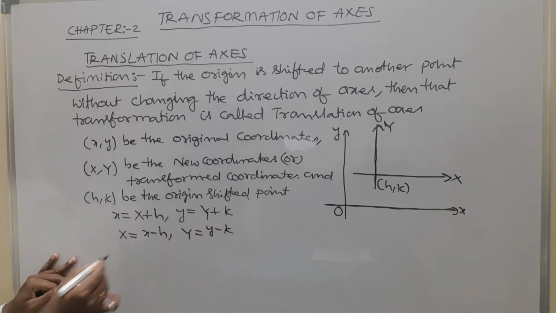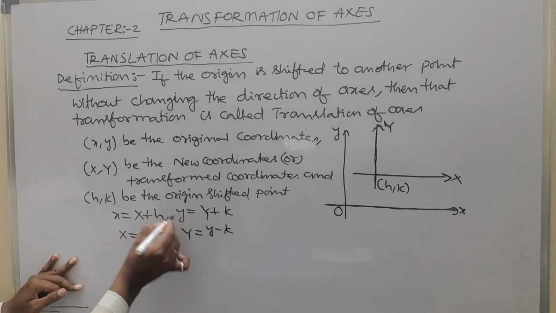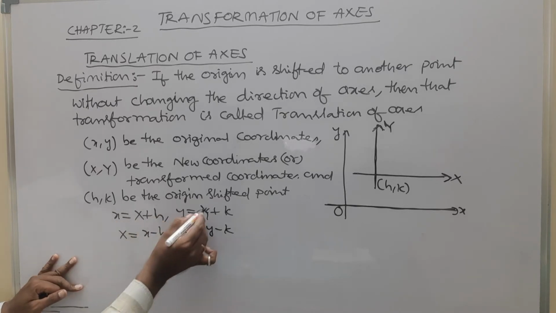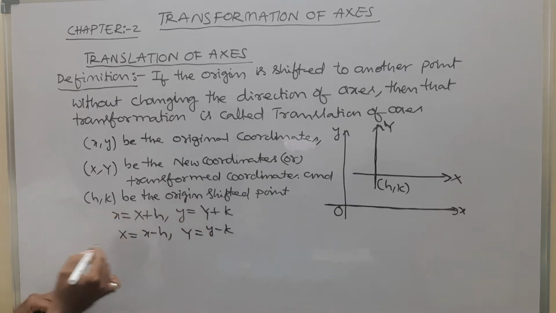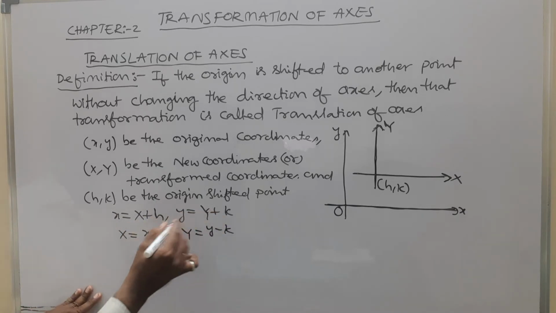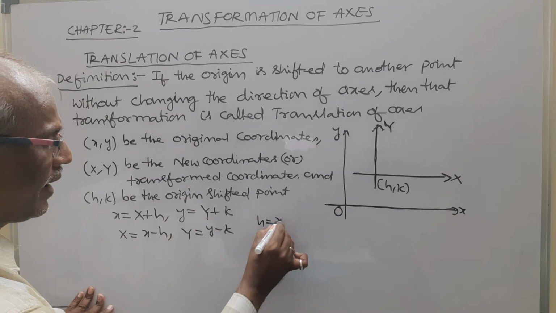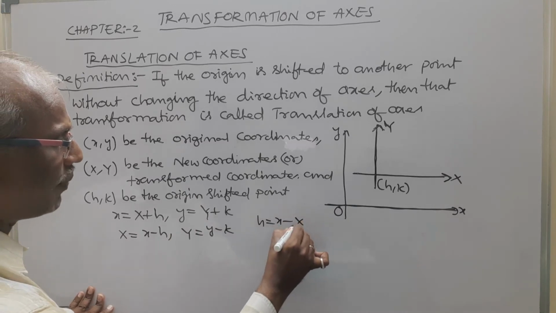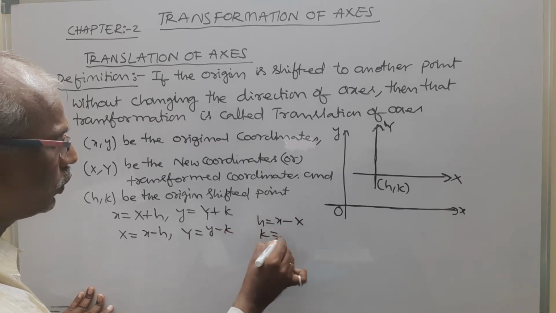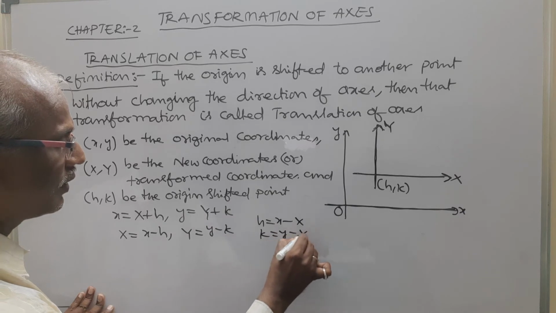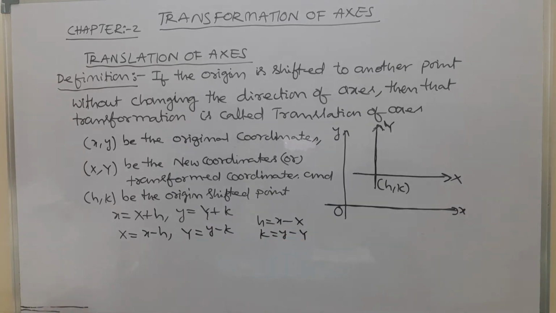If the original coordinates small x, small y and the new coordinates capital X, capital Y are given, to find the origin shifted point (h, k): h is equal to small x minus capital X, and k is equal to small y minus capital Y.